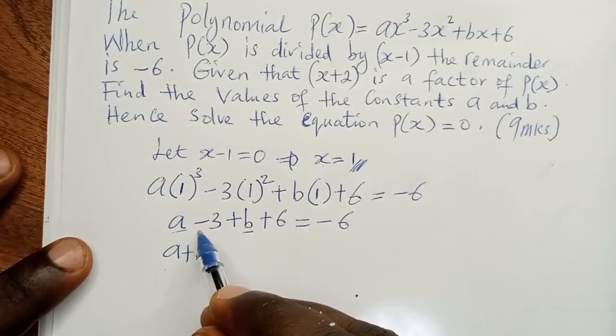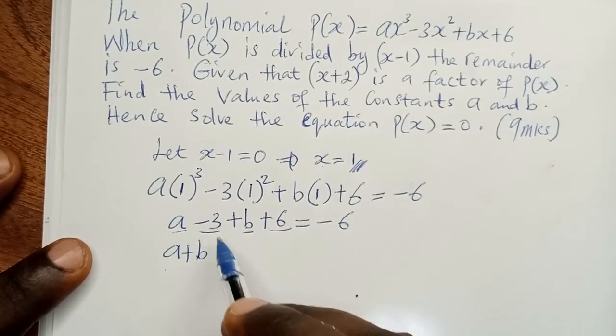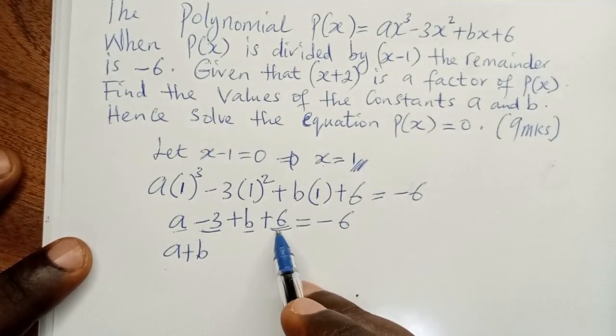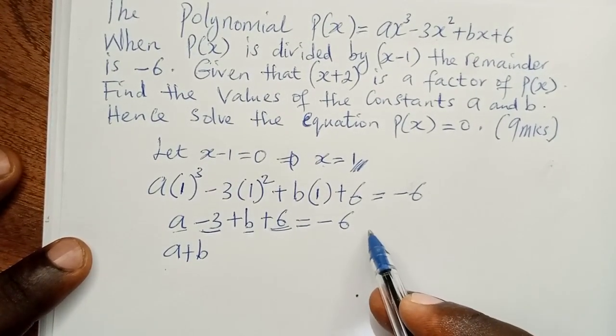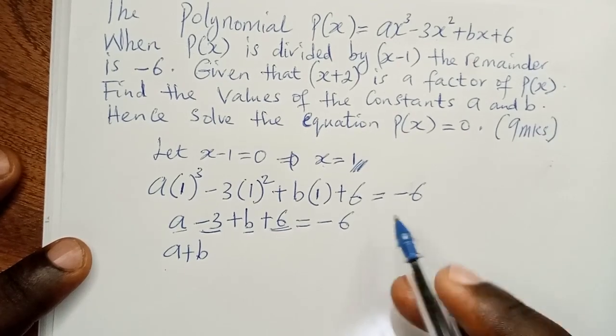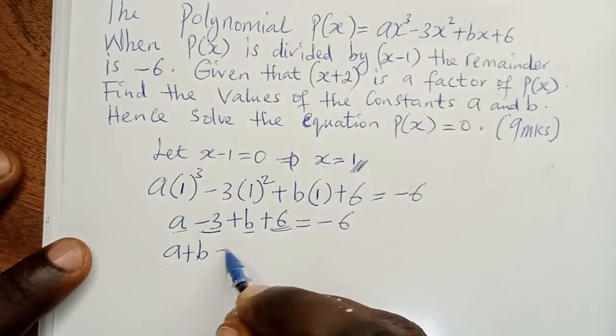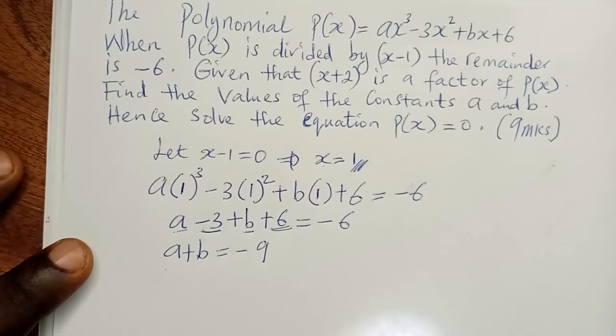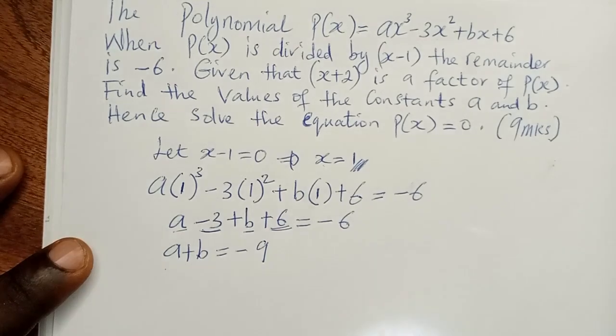Then we have minus 3 plus 6. Minus 3 plus 6 is plus 3. And if we carry plus 3 to the right hand side, we have minus 6 minus 3, which is going to give us minus 9.